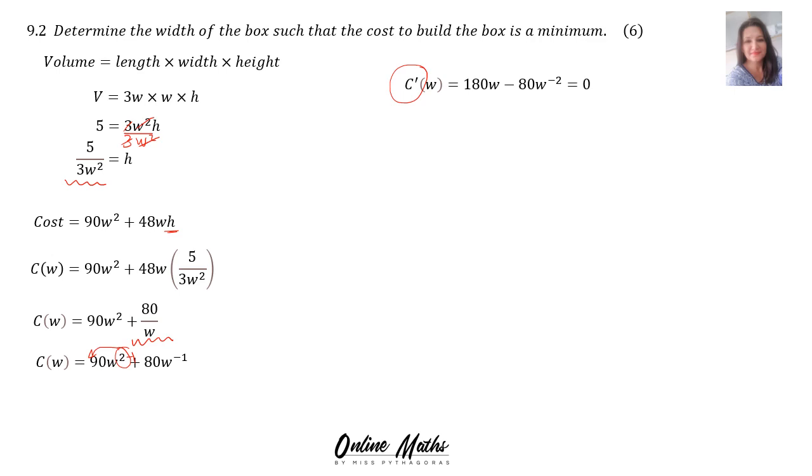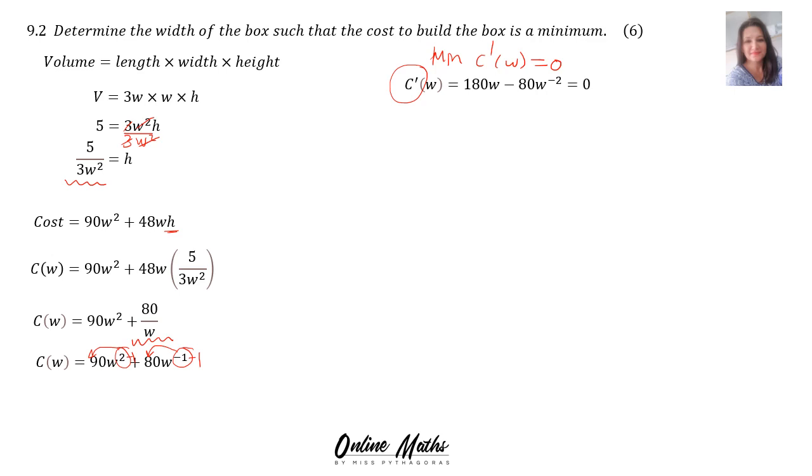And then on the next term, there's a -1, it goes to the front, it multiplies with 80, and it becomes -80, but then you have to subtract 1 from the exponent. So that's why up there it's -80W to the -2 equals 0, because for maximum or minimum it is always the derivative equal to 0.